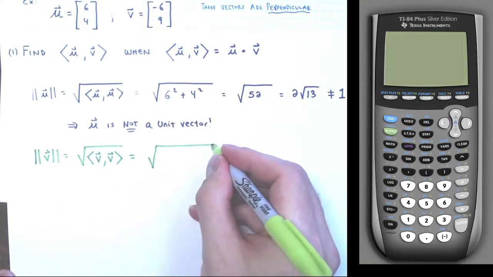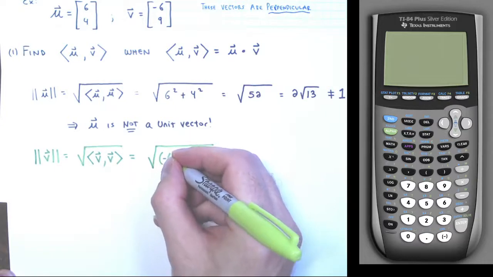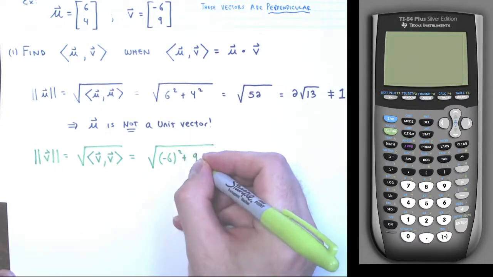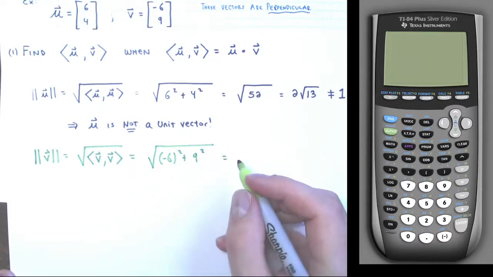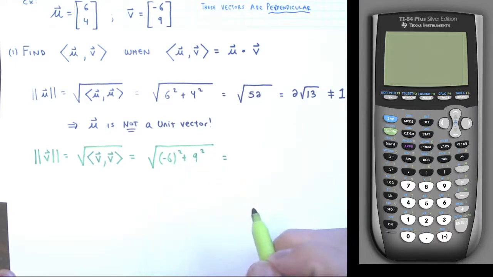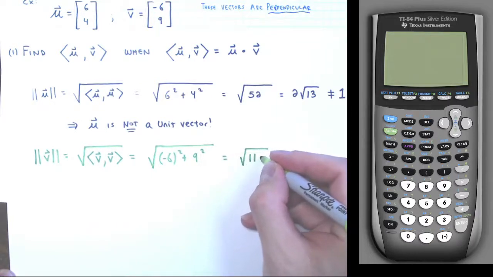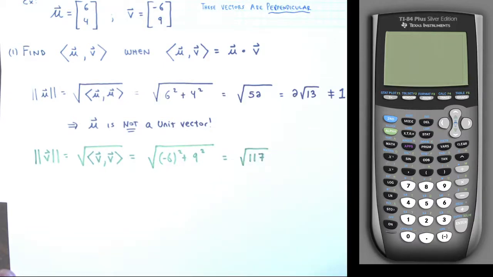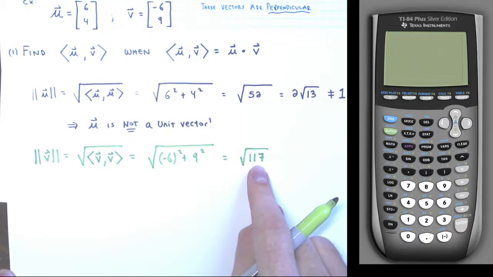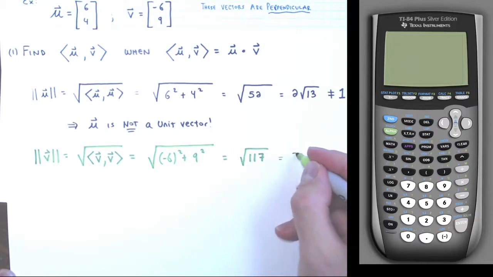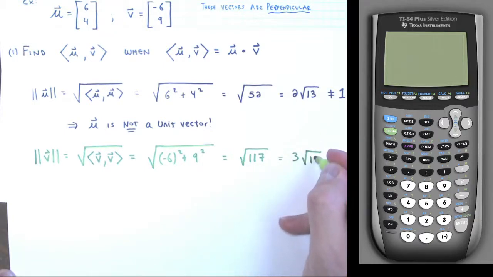So this is the square root of negative 6 squared plus 9 squared. So 36 plus 81, 117. The square root of 117, which 9 goes into evenly. 9 goes into this 13 times. So this is equal to 3 times the square root of 13.